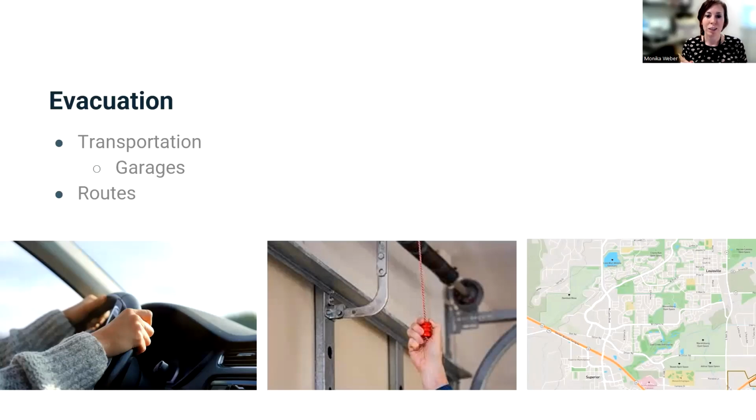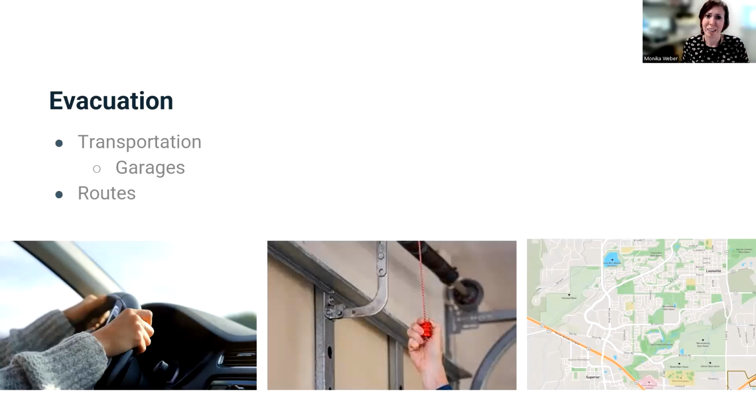The first of which is the center photo on this slide, which is a hand grabbing a red pull tab in the garage. And that's something that's attached to your garage power box. And if you pull that, that then releases the system, and then you can manually open your garage door. One caveat to that is you have to be able to physically lift that door up. So it might be a two-person job. So just assess that as you think about using that as an option.